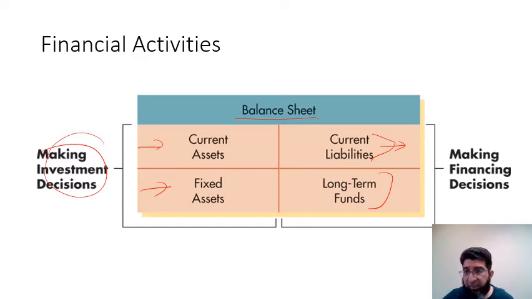So these are the financing decisions, from where the money will come, how to raise the money, by issuing bonds or going to the banks, etc. These are the financial activities linked to the accounting. So balance sheet is basically an accounting statement, while financial activities are linked to it, in a sense that the finance manager relies on the statements provided by the accountants.